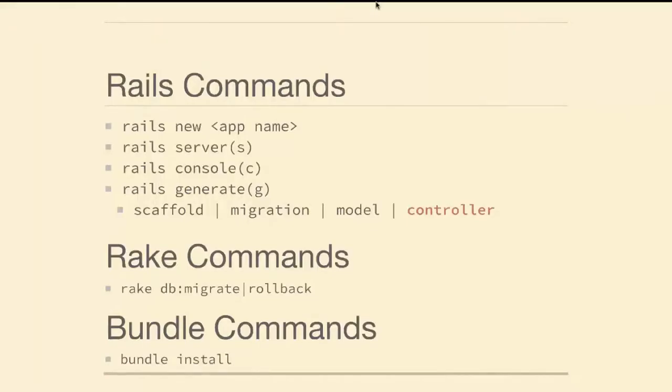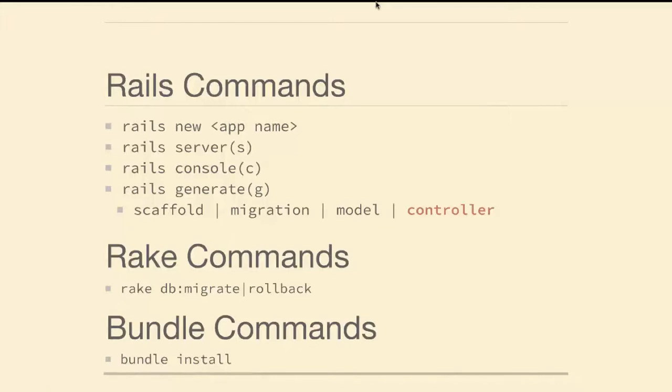So let's have a review of what we have done in this episode. We started from rails new with the app name to create a new app. Then some other commands with Rails are rails server to start the server, rails console to debug.